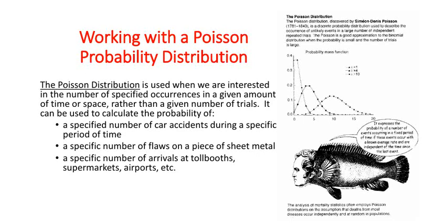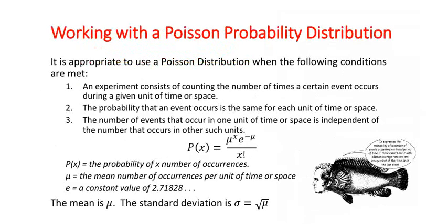So if we have a square foot of sheet metal, we find one or two flaws in that on average, right? That would be something that we could talk about. Other instances, specific number of arrivals at toll booths, supermarkets, and airports. This is a very popular function when it comes to management and operations management. So this is sort of an interesting one for us here. So let's talk about this.